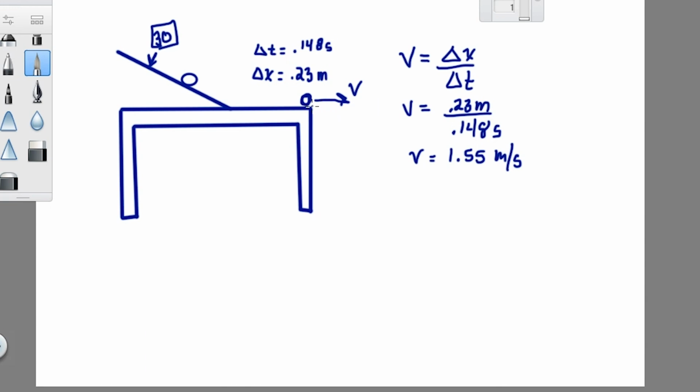That means that the ball is going to be going 1.55 meters per second in this x direction here, this horizontal direction, and we are neglecting any air resistance here. So it's going to be going that velocity in the x direction the whole time until it hits the cup.